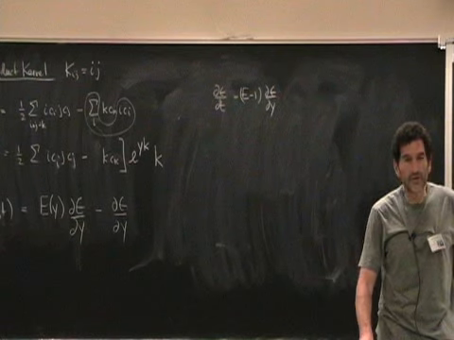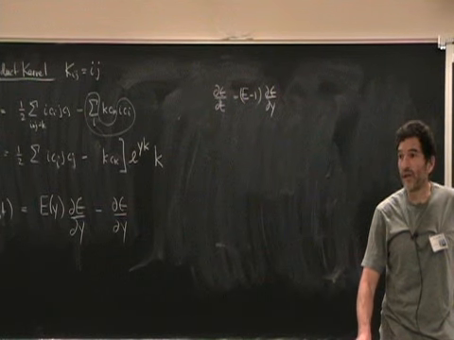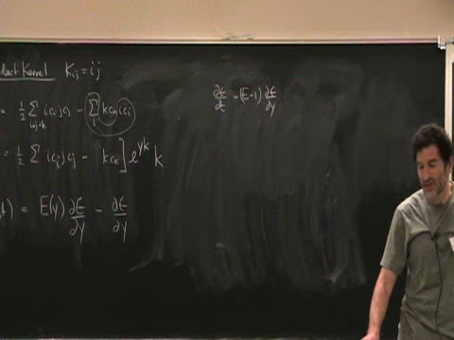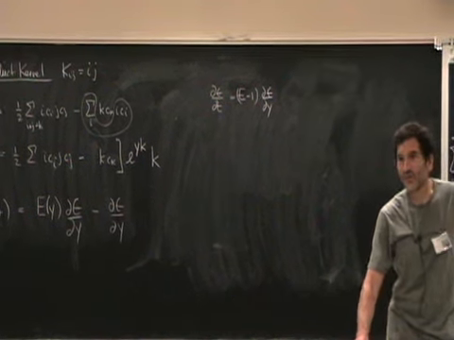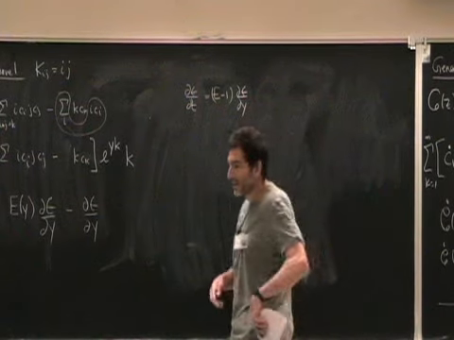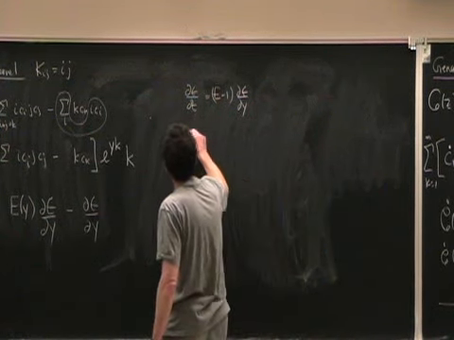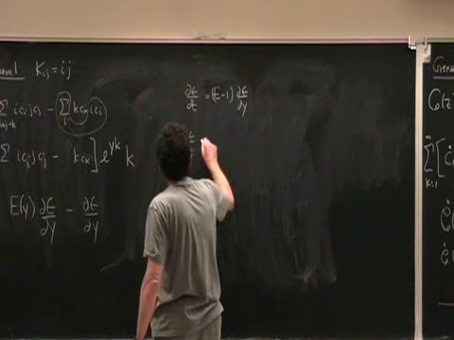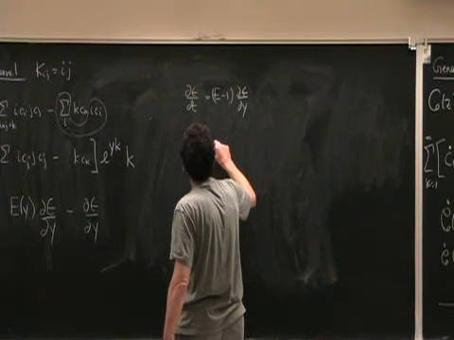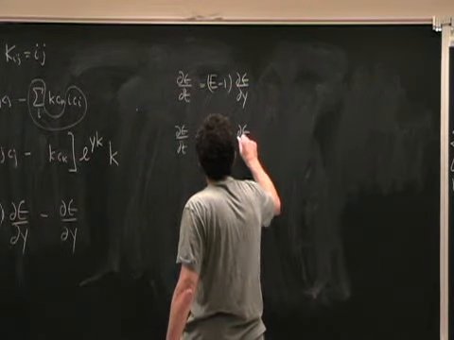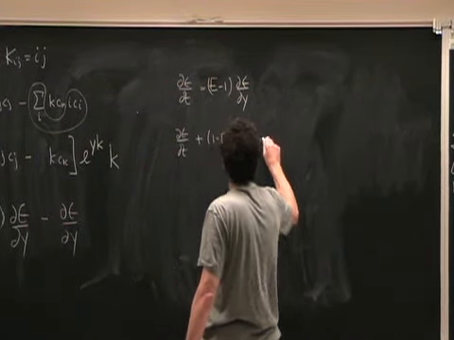The easiest way to solve this equation is by a method called the method of characteristics. The method of characteristics is nothing more than essentially the integrating factor from freshman differential equations, but for multivariate situations. So the idea here is, let me write this, dE by dt minus, let me write it as plus, (1 minus e) dE by dy is equal to 0.